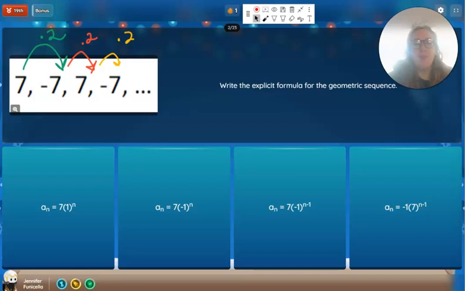Beautiful. Okay, so this next one we're looking at is, let me clear the screen, 7, negative 7, 7, negative 7, okay? And it follows that same pattern. So again, we want to think about what we are multiplying by to get the next number.